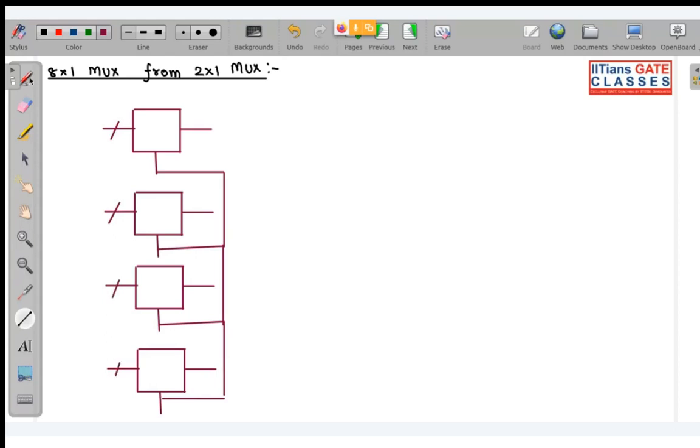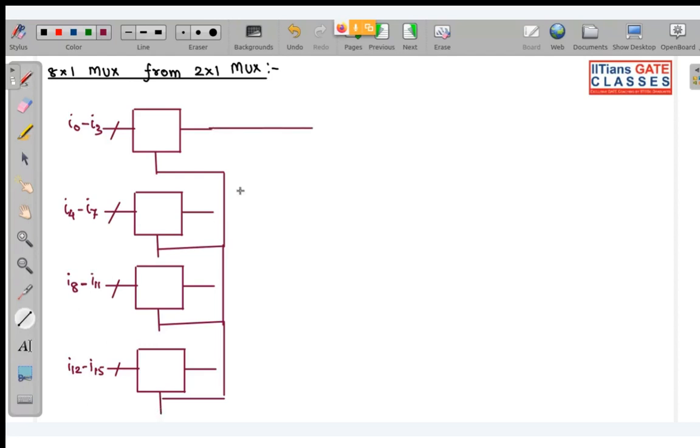Over here we will have inputs from I0 to I3, from here I4 to I7, from here I8 to I11, and from here I12 to I15. In total there are 16 inputs. So these are your muxes, these will be your outputs, and this is your selection line.